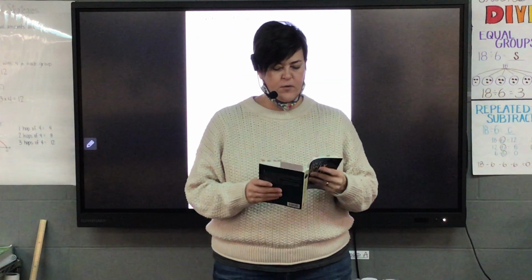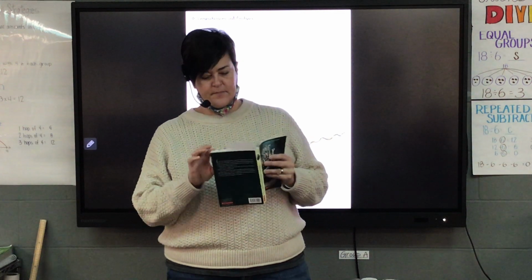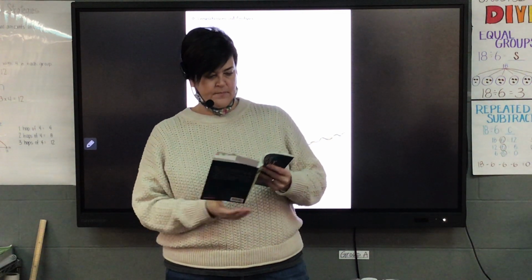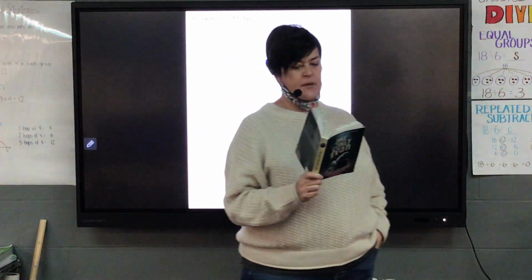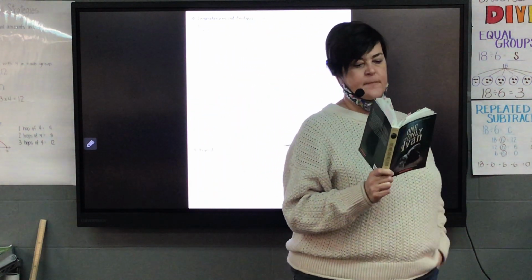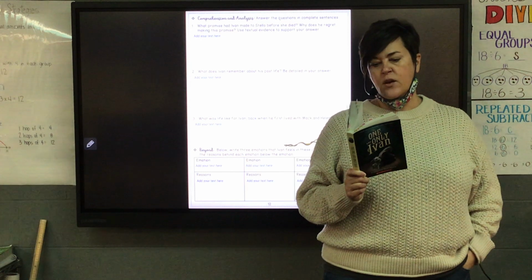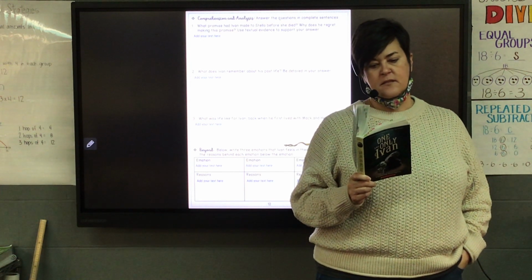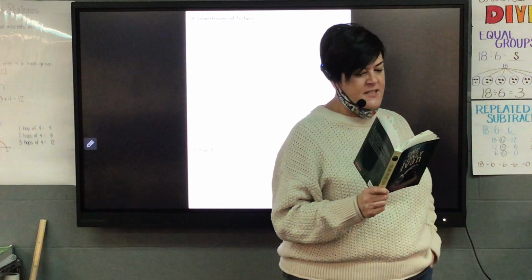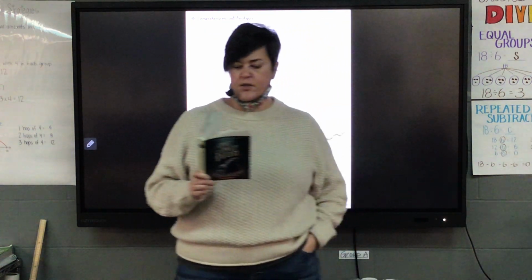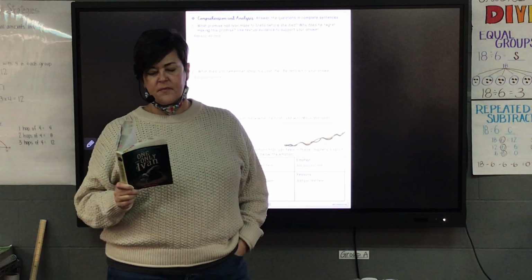All right, so chapter 49 is knowing. Before Mac, before Bob, even before Ruby, I know that Stella is gone. I know it the way you know that summer is over and winter is on its way. I just know.